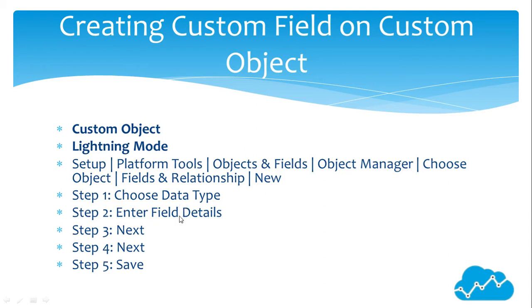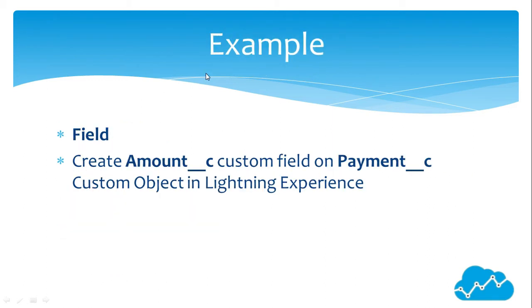Step 2, enter field details. Step 3, next. Step 4, next. Step 5, save. Example, create amount underscore underscore C custom field on payment underscore underscore C custom object in Lightning Experience.